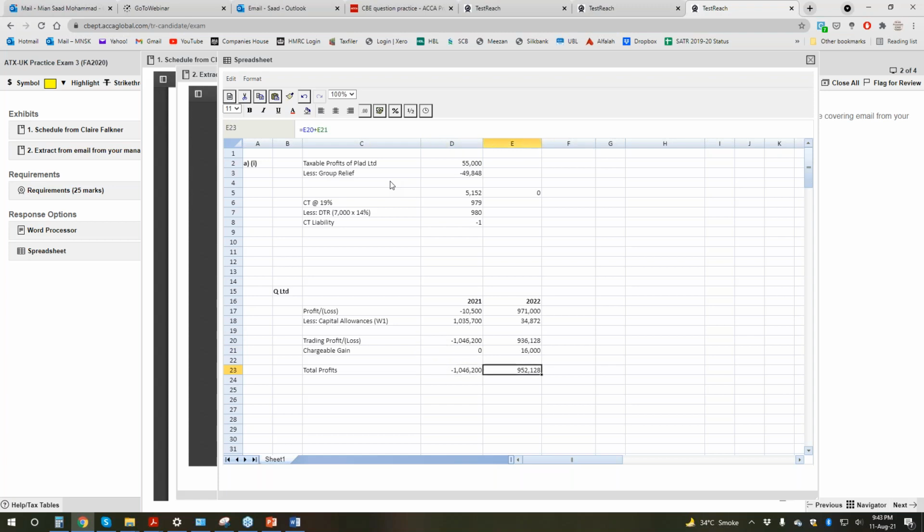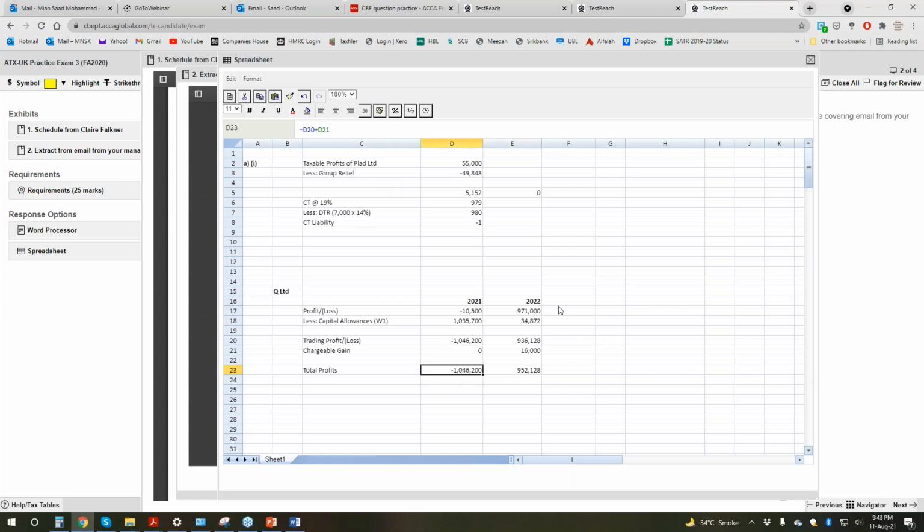Now, guys, you have to understand this point carefully. Whenever a company suffers a loss in the present year, if they have any profits available of their own, they should set off against that. If they do not have any of their own profits, they can then surrender it to some group member, which Q has done.